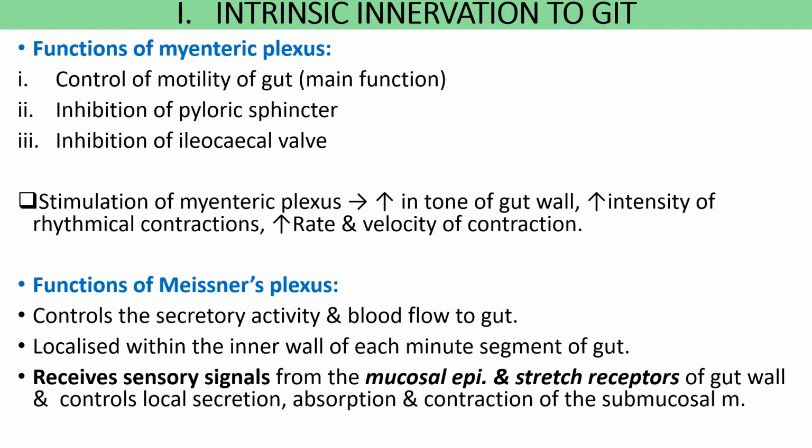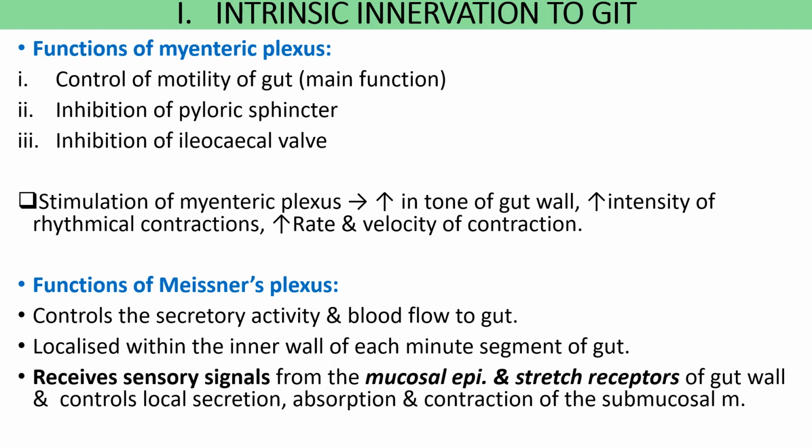Now second are the functions of the Meissner's plexus. Meissner's plexus is involved with controlling the local secretions as well as the blood flow towards the gut. The Meissner's plexus is localized within the inner wall of each minute segment of the gut, so it is having a proper control.